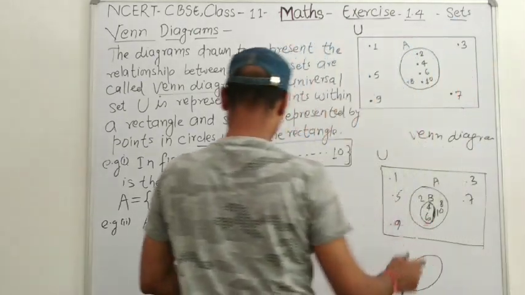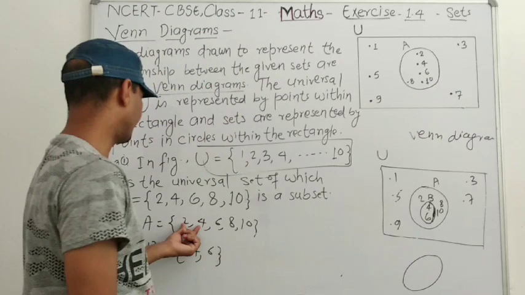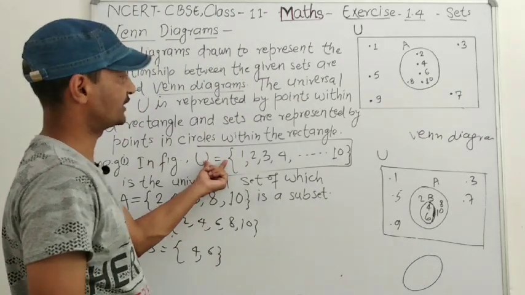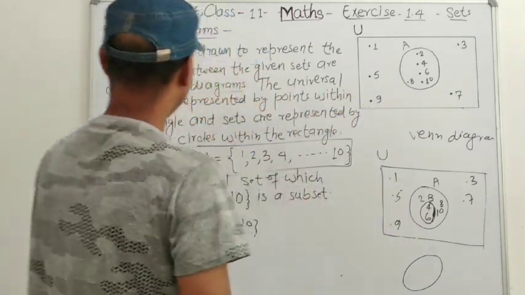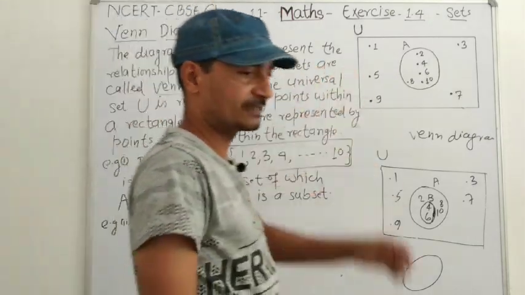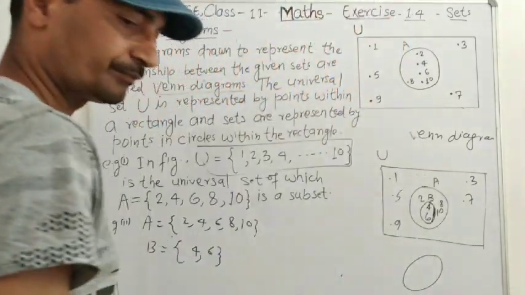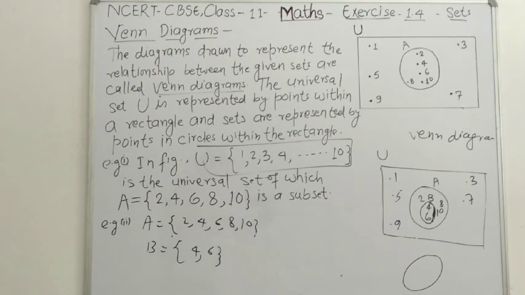Because B is a subset of A, and A is also a subset of this universal set, we can represent the relationship between the universal set and their subsets.